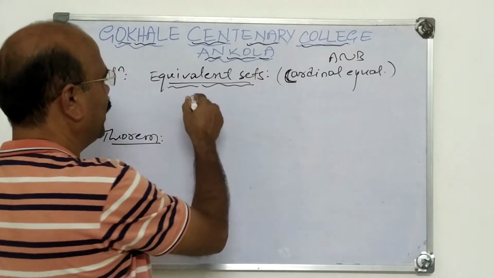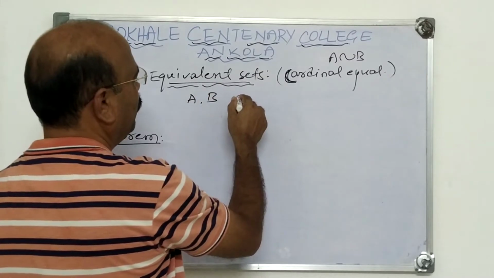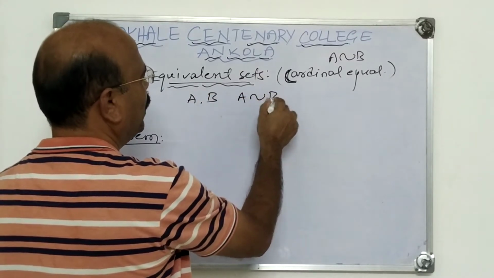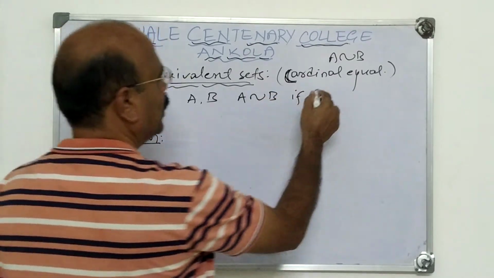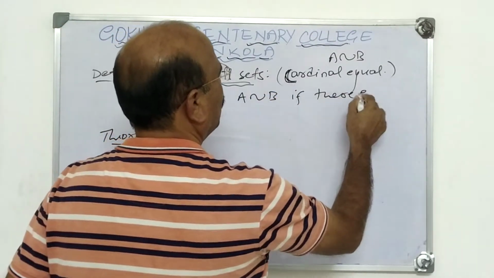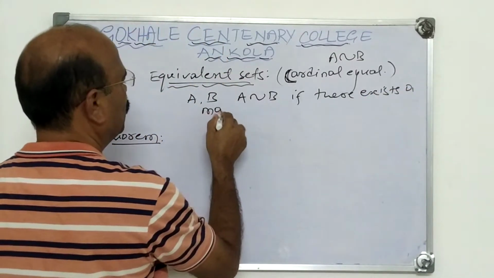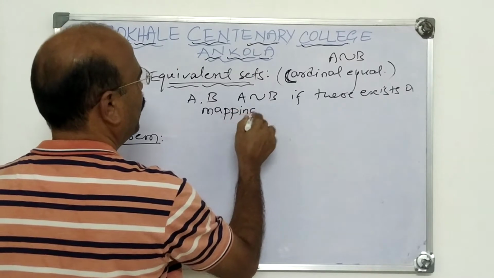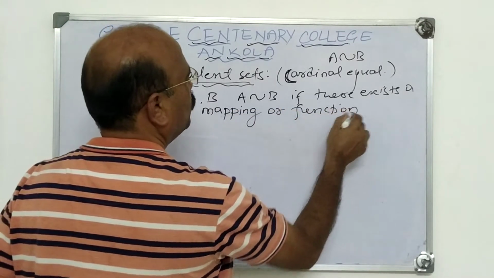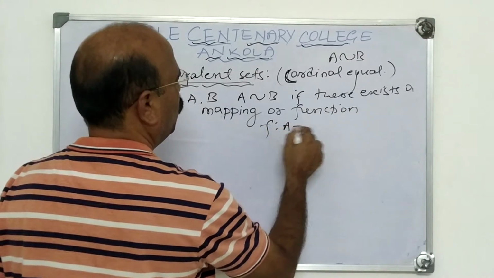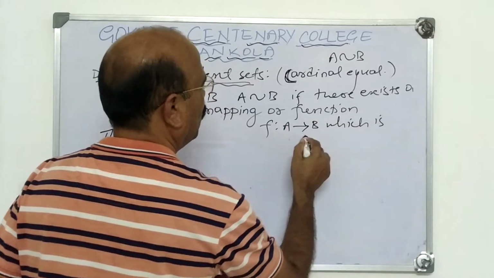See, the definition is like this. Suppose A and B are any two non-empty sets. Then we say that A is equivalent to B, see the notation, if there exists a mapping, or function, f from A to B, which is a bijection.